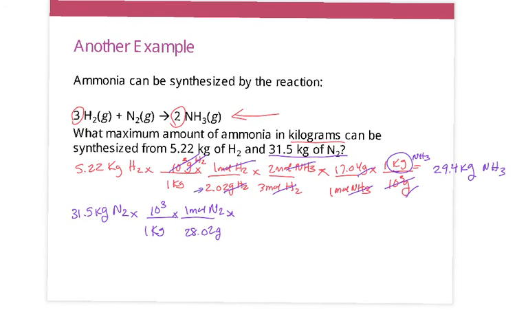Same thing for the hydrogen here. It's diatomic. It's made up of 2 hydrogen atoms. So for every 1 mole of N2, I get 2 moles of ammonia here.